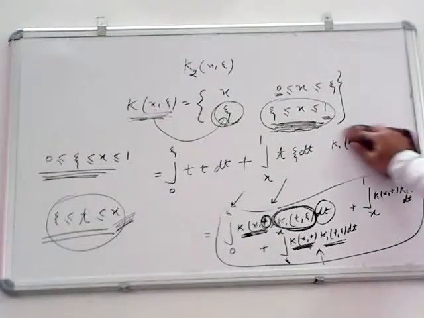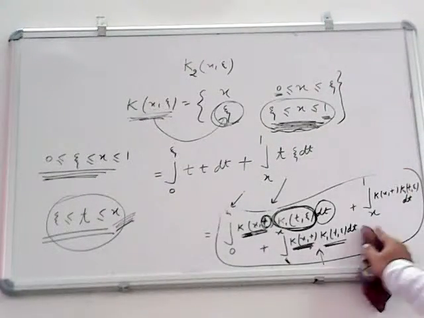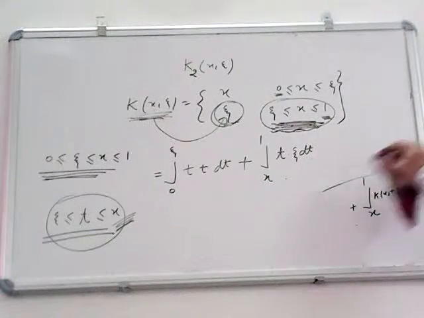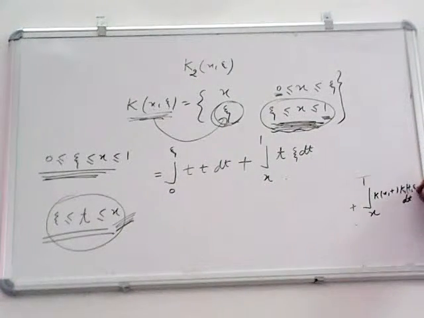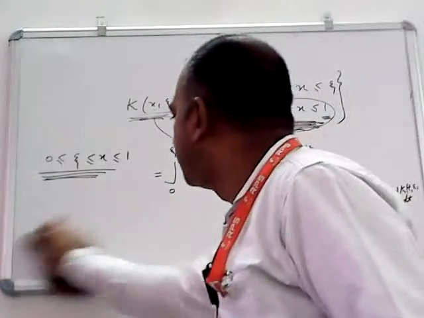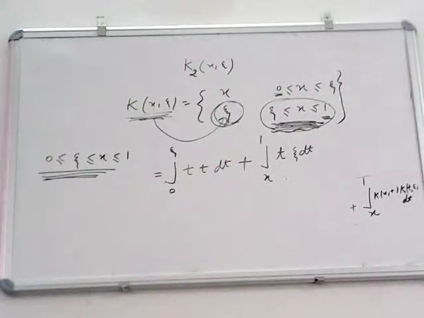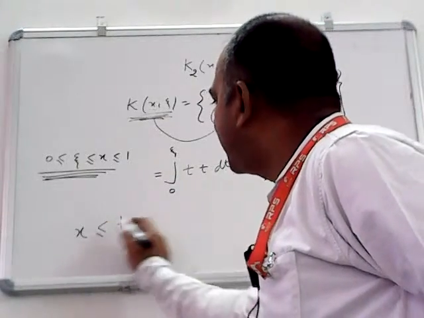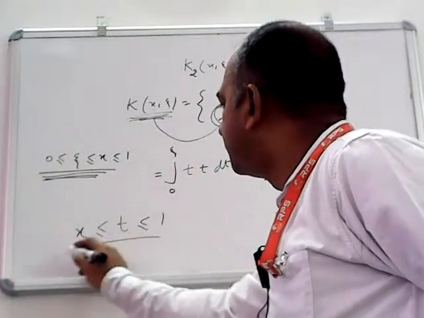In the third integral, you can see this is the third integral. In this scenario, the value of t is greater than or equal to x and less than or equal to 1.